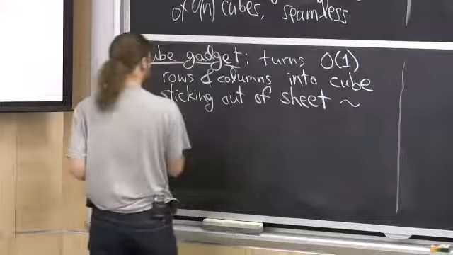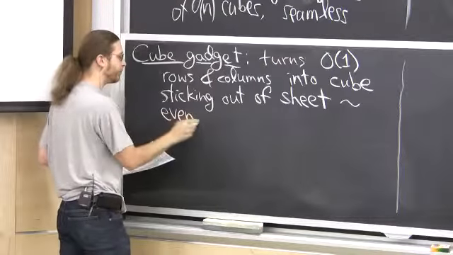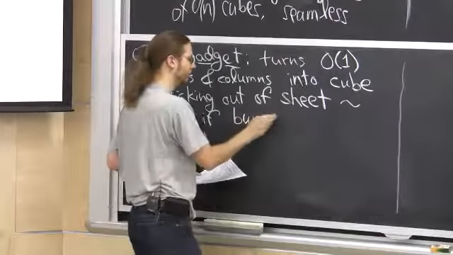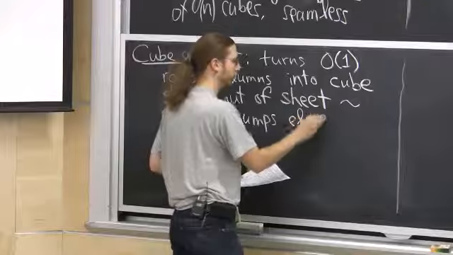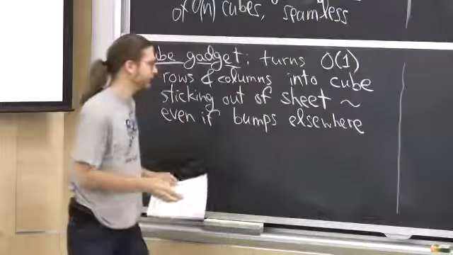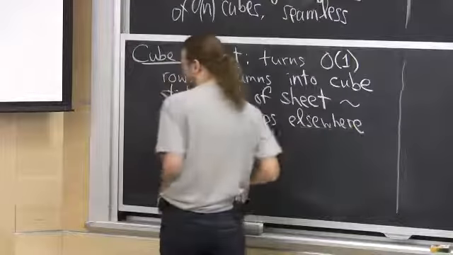And the key property is it works even if there are bumps on your sheet elsewhere. So when I say elsewhere, let me show you the cube gadget again.